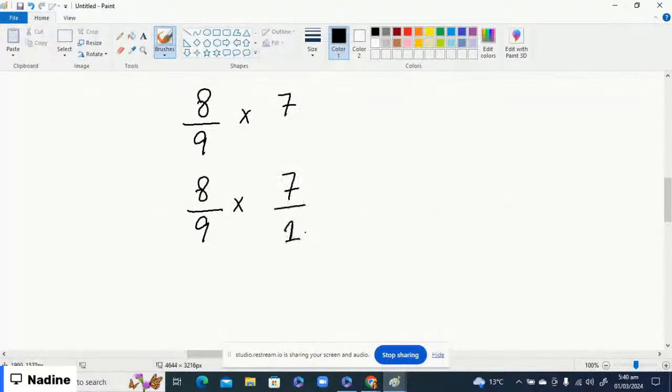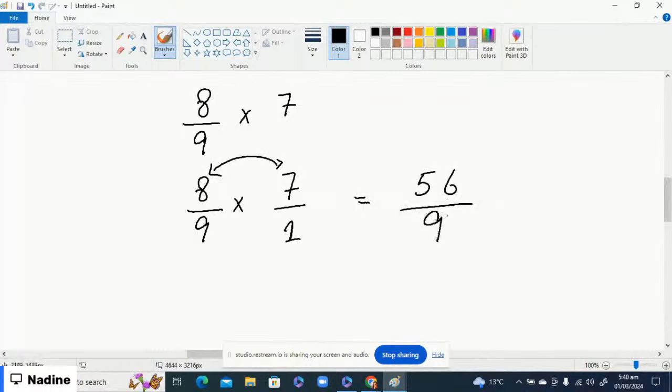Now multiply numerators with each other. 8 times 7 is 56. 9 times 1 is 9.